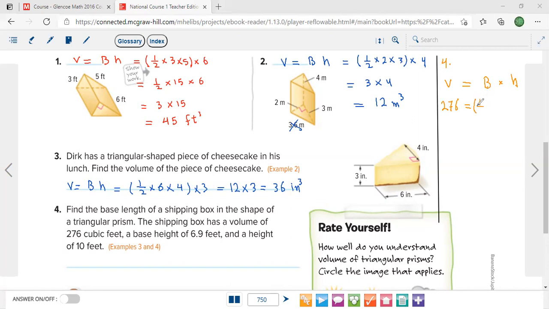So it's half multiplied by the base of the triangle, which is not given because they ask us to find the base length. So we just write b, lowercase, multiplied by the height of the triangle, mentioned as a base height of 6.9. So this is 6.9, multiplied by the height of the prism, which is 10 feet.